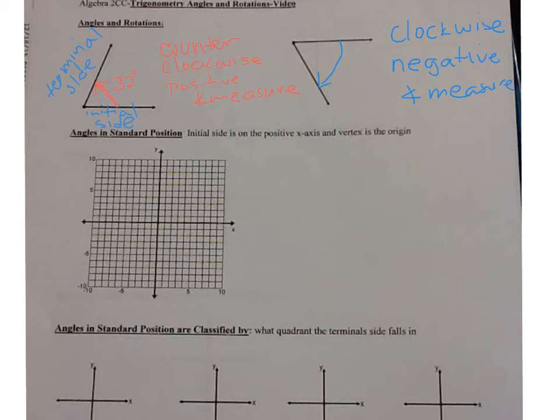The side where it's starting from, which would be this side, is called the initial side. So where it starts is the initial side. And then this side over here, where it stops, would be called the terminal side.